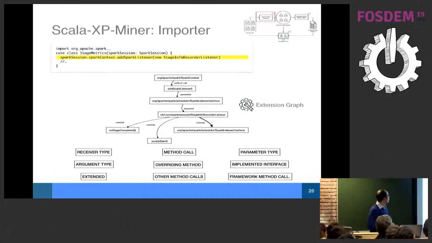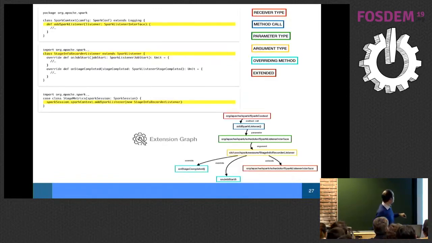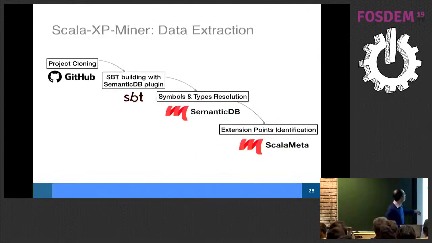Now, we performed a case study in which we developed an importer for Scala. First of all, we are able to mine the source code. We are able to tag each part of the source code. Based on this tagging, we are able to extract all the data that we need.